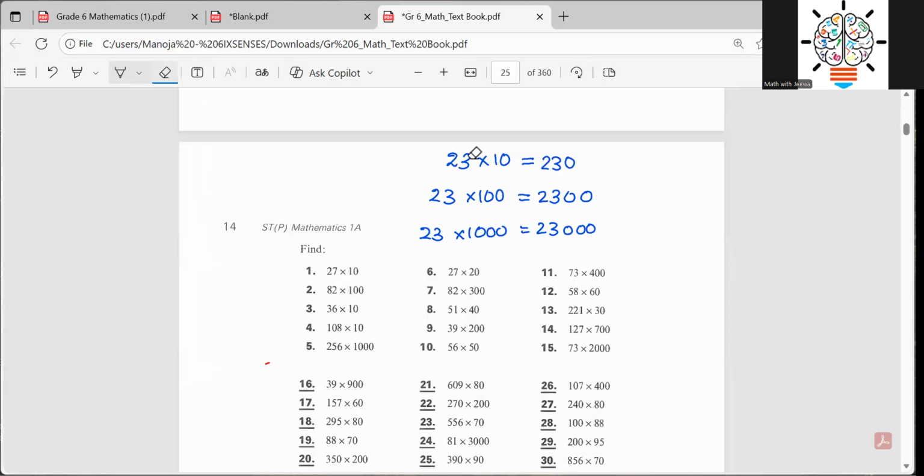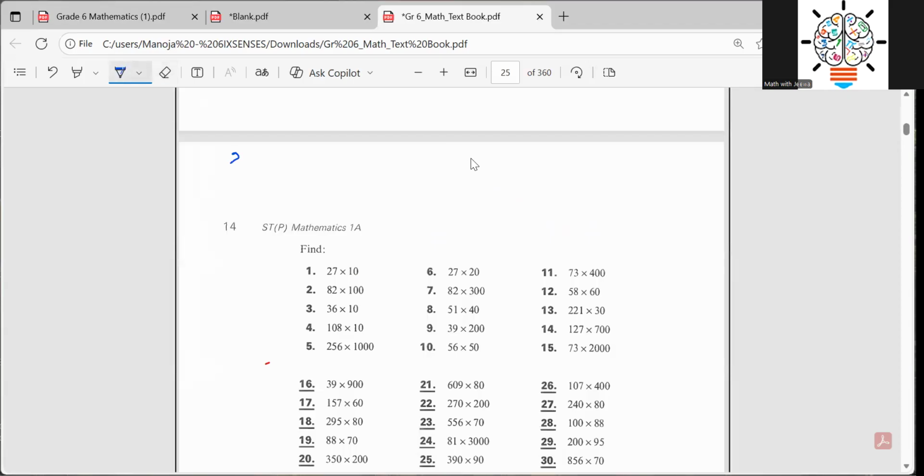But if you have 23 multiplied by 20, what should you do? The next step is 23 multiplied by 2 times 10. I expanded 20 into 2 times 10. Then easily I can multiply 23 by 2, it is 46.